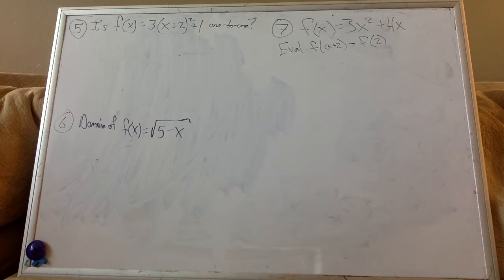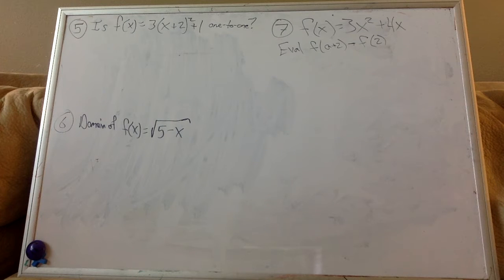But how can we show that? One easy way in a parabola is to find the vertex, then move an equal distance on either side, and show that two different inputs go to the same output. So that's what we're going to do here.